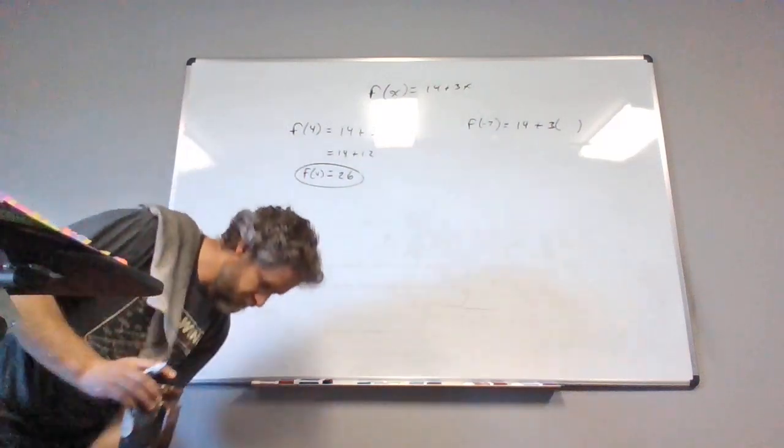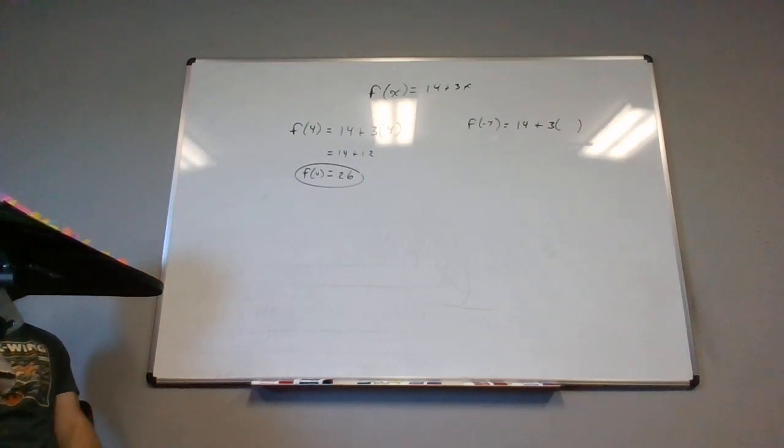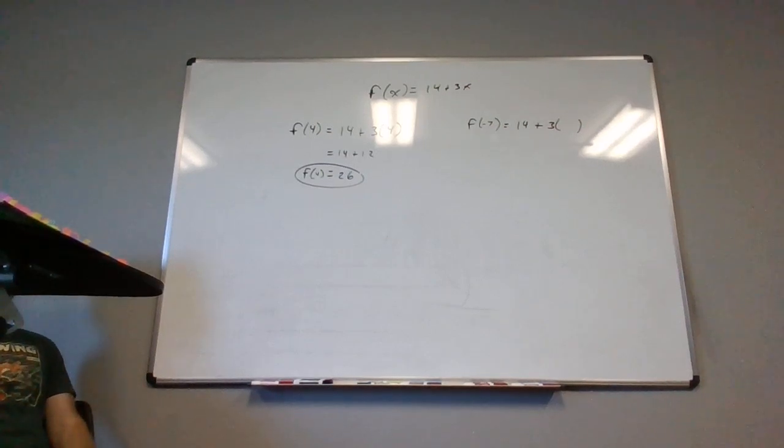Well, I did f, I put parentheses and put 4 in the parentheses, and then wrote equals 14 plus 3, and then 4 in the parentheses. Then I put f(4) equals 14 plus 12, and I got 16. Well, 14 plus 12 is 26. Okay, now I get it. Good.